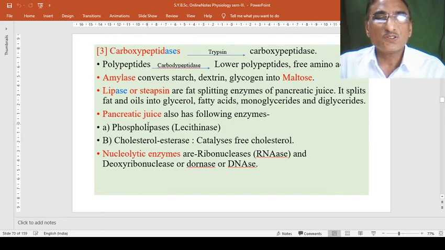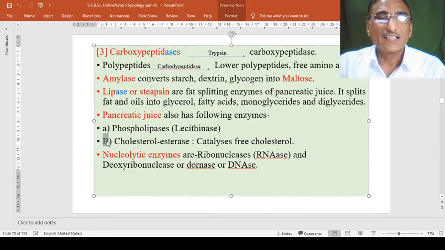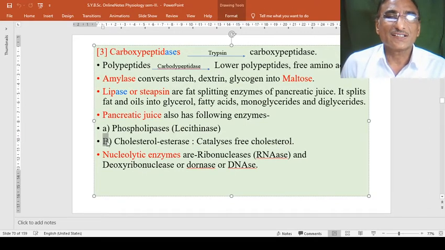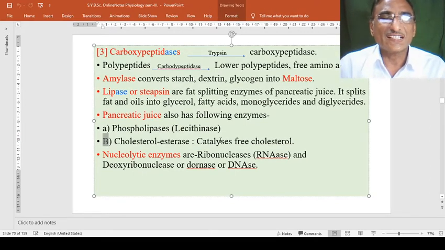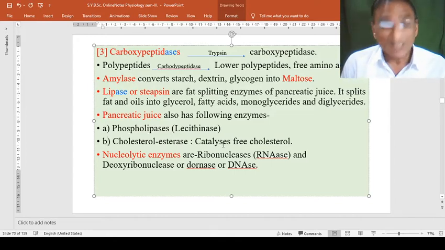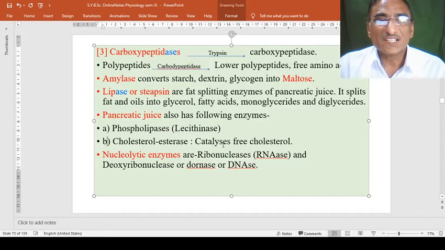The pancreatic juice also has the following enzymes: phospholipase, generally called lecithinase or lecithin kinase, and another is cholesterol esterase, which catalyzes free cholesterols.